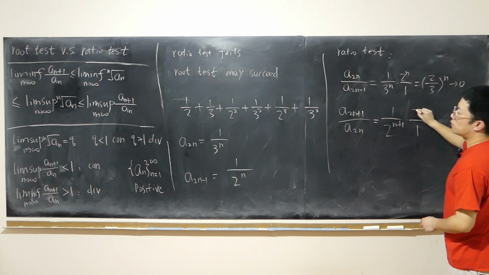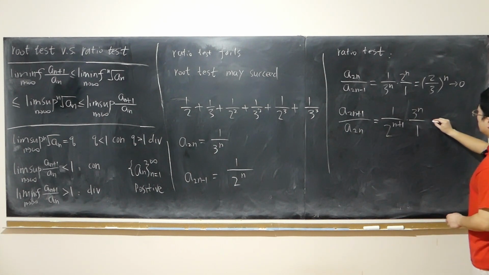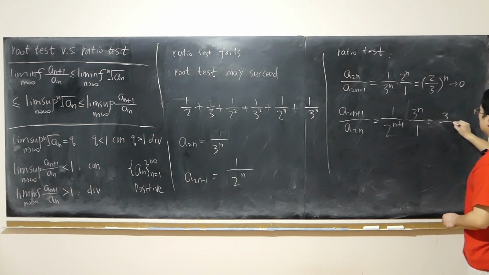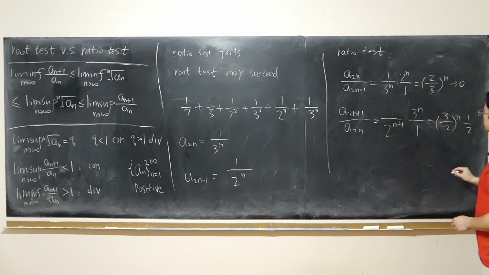So 3 to the power of n, that is 3 over 2 to the power of n, and still have 1 over 2, the constant. But this time n goes to infinity, it's going to approach positive infinity.